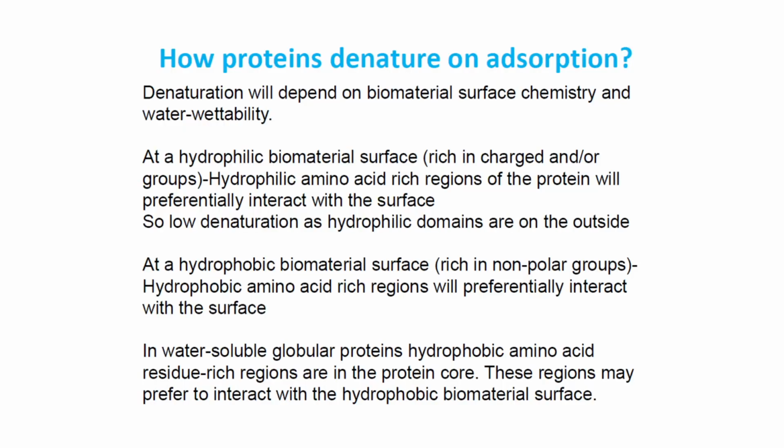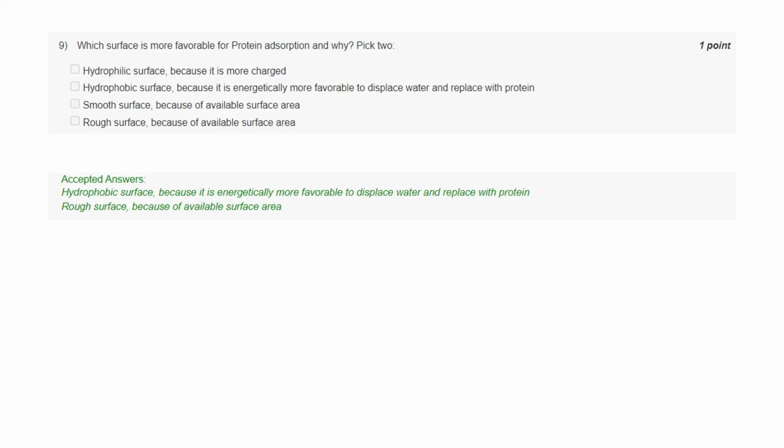So let's see. As I said, your proteins are going to have both parts, hydrophobic as well as hydrophilic. Since these proteins are already present in the body, they are in contact with a lot of water, so they have their hydrophilic parts exposed. Now, if you put in a surface, these proteins are also going to have some hydrophobic part exposed, because not all hydrophobic part gets buried.